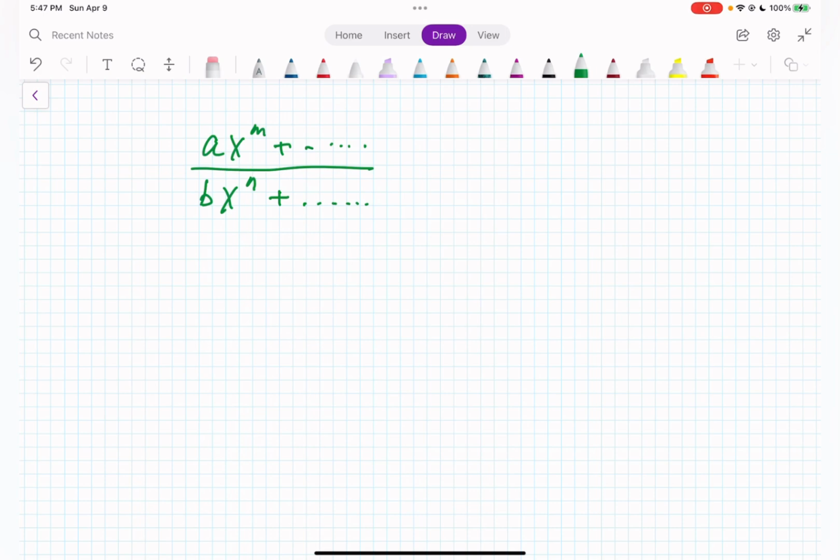So here are the cases. First case: if m equals n, meaning the degrees of x in the numerator and denominator are equal, then the limit as x approaches infinity is equal to a over b.